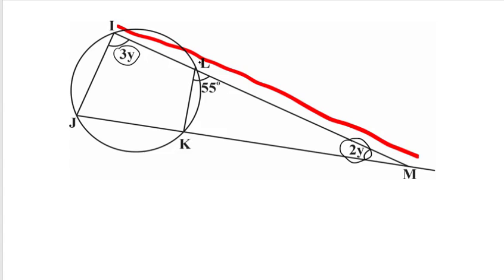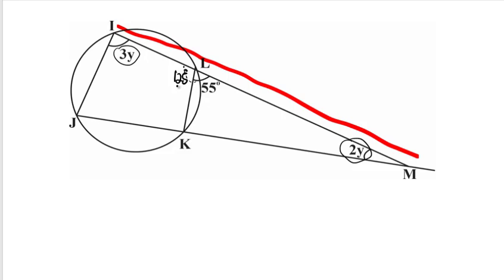So if we have the angle here to be equal to 55 degrees, then what is going to be the angle at this point? This angle plus the 55 degrees is supposed to give us 180 degrees. So we are going to have the angle here to be equal to 125 degrees, because 125 plus 55 degrees is going to give us 180 degrees.